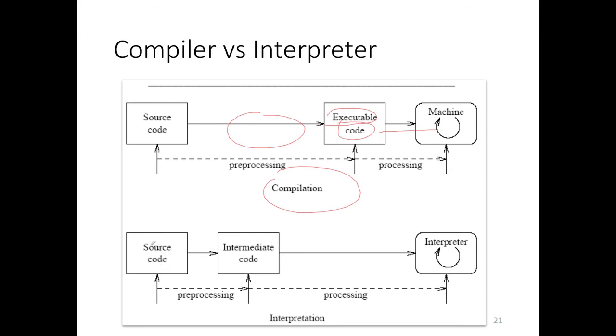For an interpreted language, like the Python language we use, instead of changing the code into executable code, it changes it into intermediate code, which is predefined executable code. Then it runs on top of an interpreter, and the interpreter communicates with the machine. The benefit of an interpreted language is that it can often be platform independent.